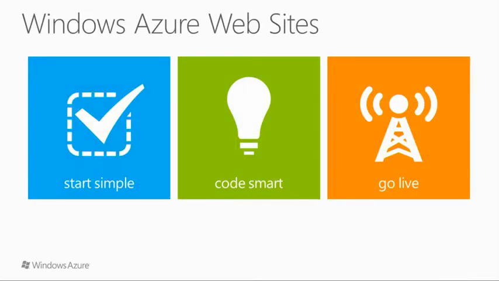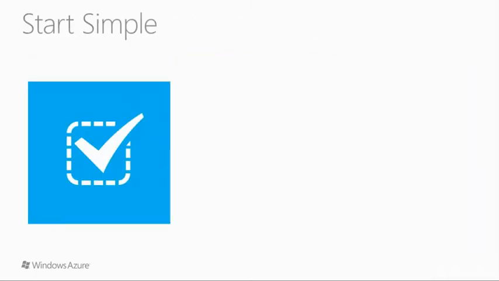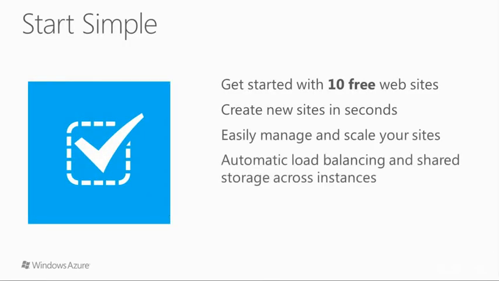So Windows Azure websites, very simple. We saw a variety of different ways where we can start very simple. We can deploy a site with just FTP. We can deploy through Visual Studio, WebMatrix, a variety of different ways. So very simple to get started on Windows Azure. Again, 10 free websites. You can get started in seconds. Scale up to really as much as you need.